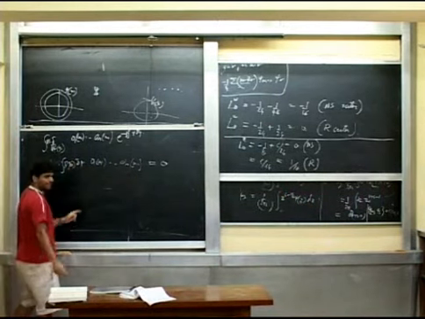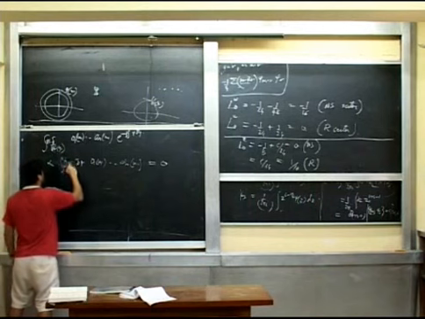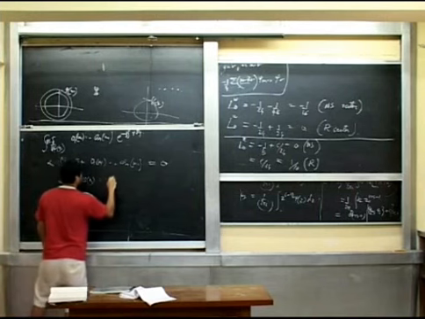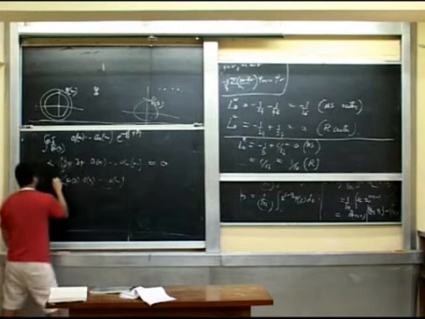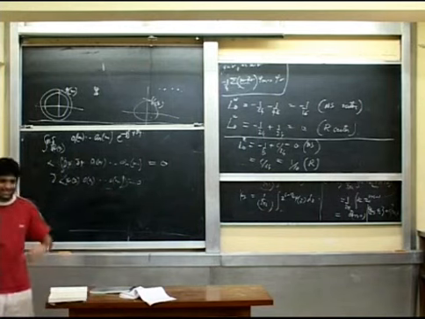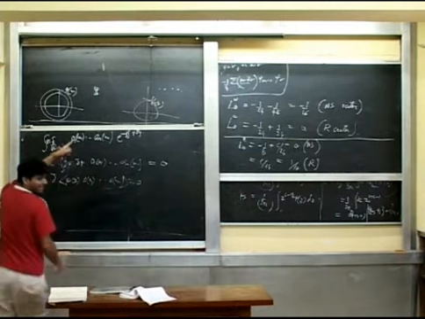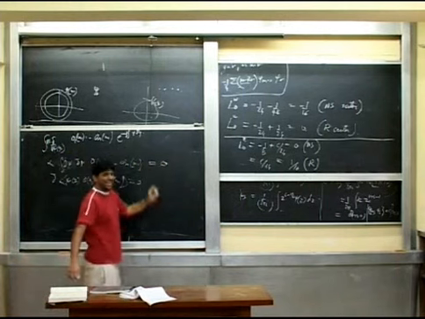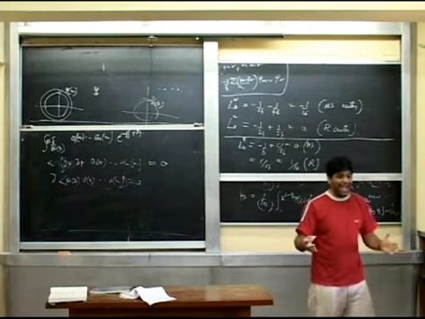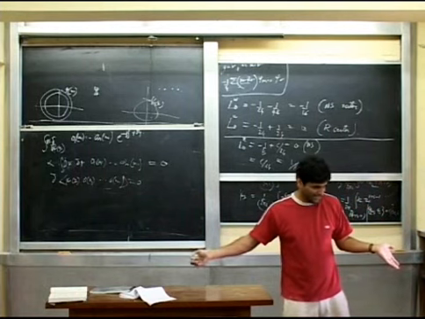This tells us that psi of z, under the assumption that there's no collision, is an analytic function everywhere on the boundary and in the interior of the unit disk. Is this clear?